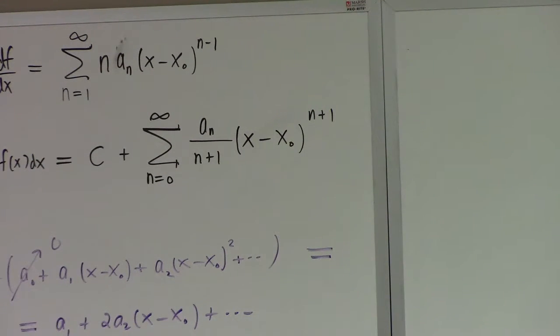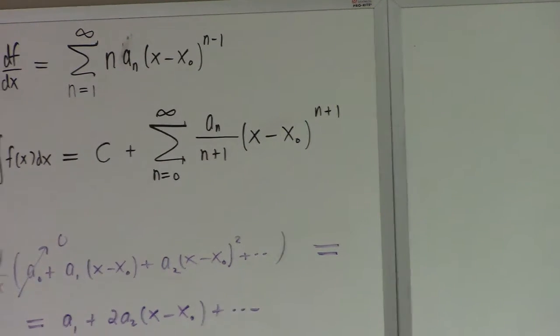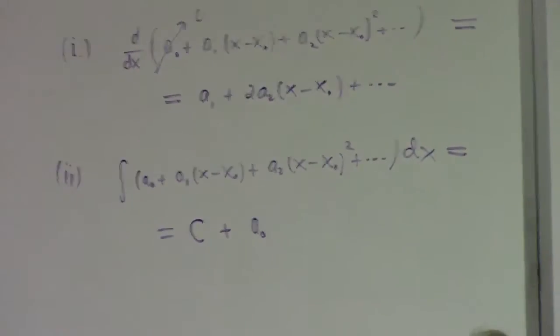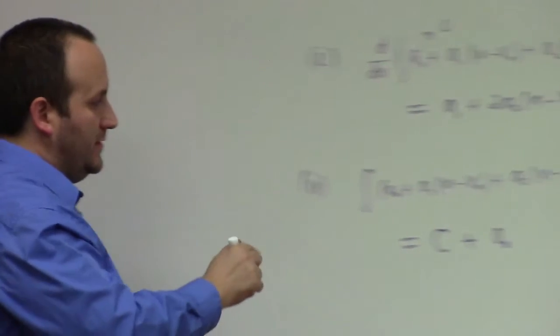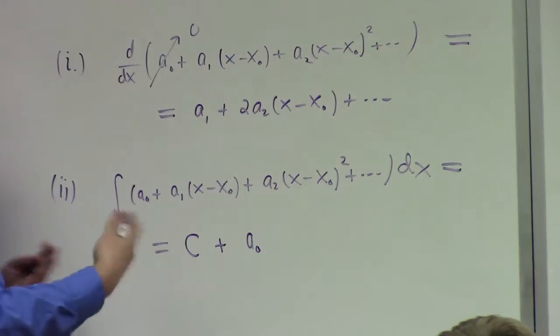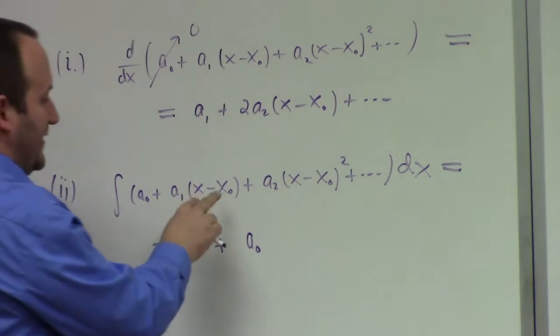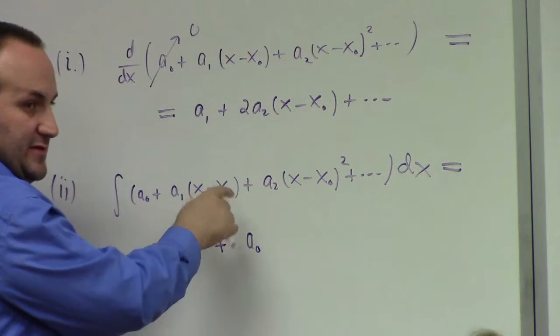Sorry about that. Sometimes I get x not equal to 0 on my brain. About 80% of the examples I'll do for you will set this x sub naught, the center point, to be 0. Right? That makes it what's called a Maclaurin series. Anyway, so if we integrate x minus x naught with respect to x, you can make a u equals x minus x naught substitution. You can think of it that way, right?